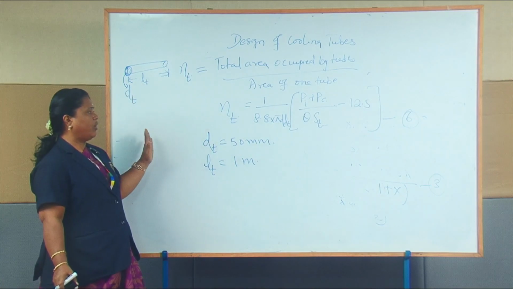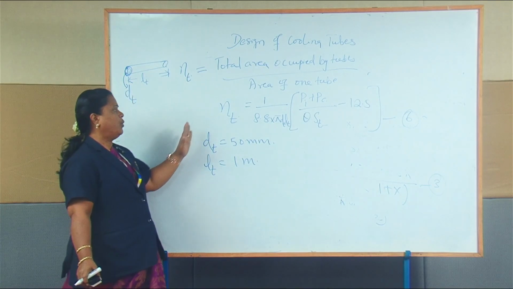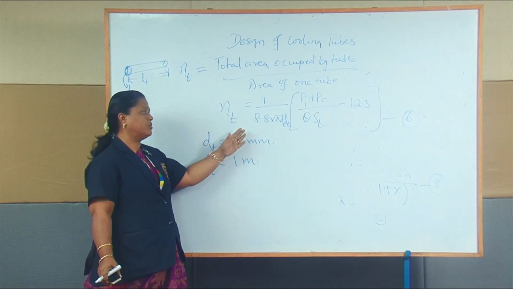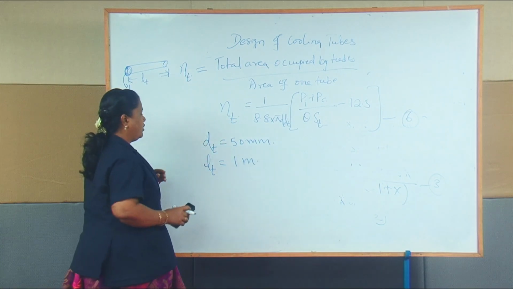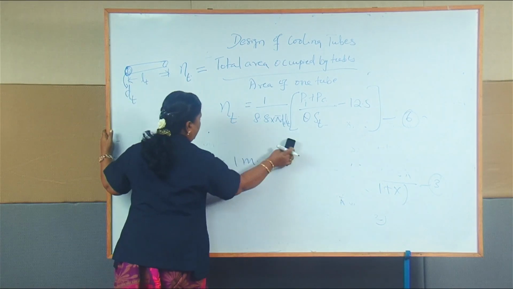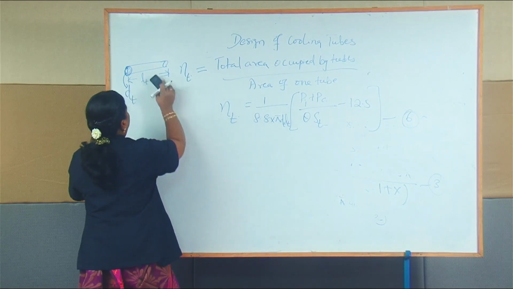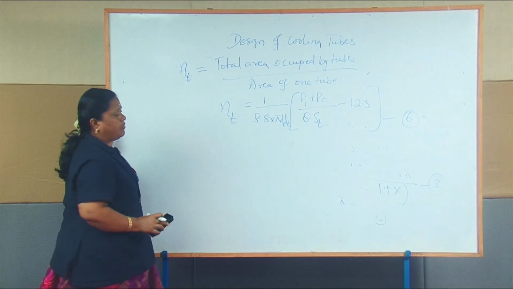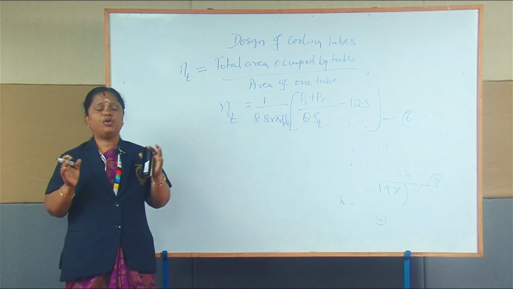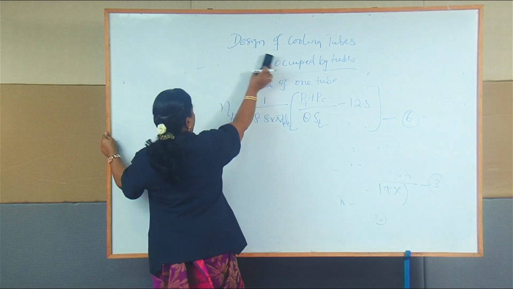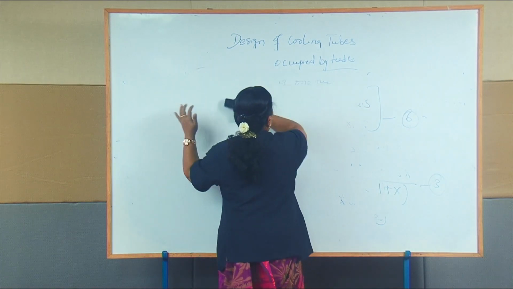Now, what we have seen in this section is how to calculate the number of cooling tubes for a given transformer. Now, in case, to solve the problem, they have given the dimensions of the transformer, how do we calculate?